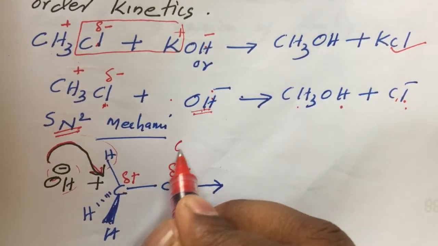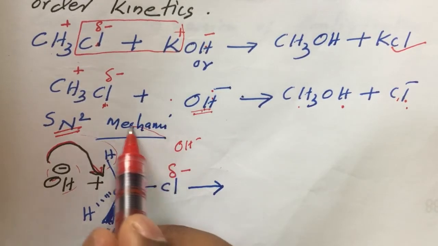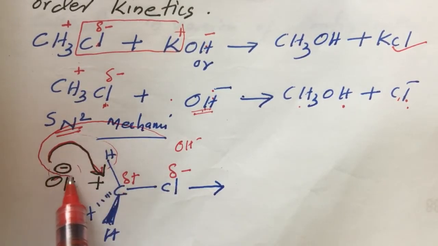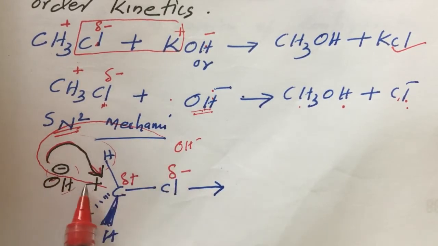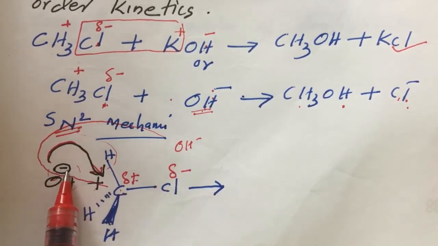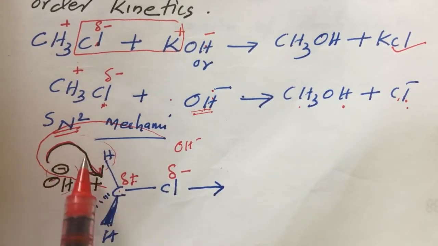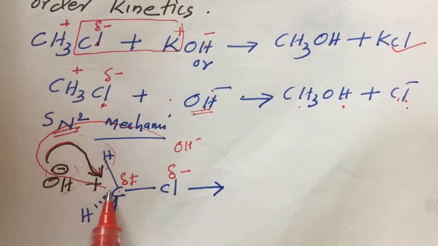So OH minus from the KOH will attack the carbon from the backside because carbon is positive. OH minus is attracted to the positive carbon and attacks from the backside. This is the correct reaction taking place here.